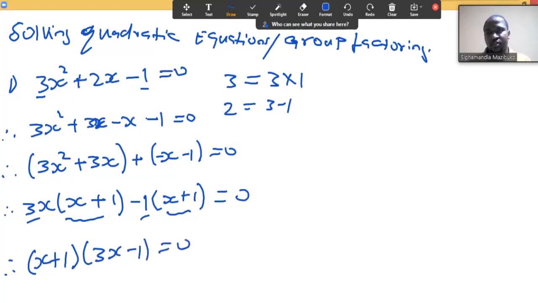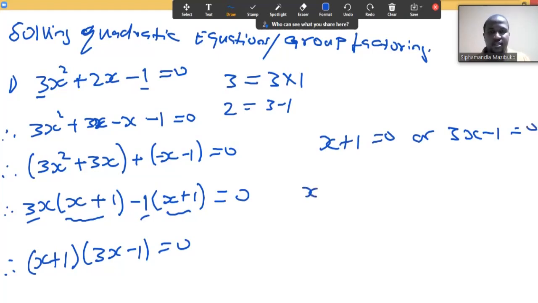From here we can easily see that we have x plus 1 equal to 0, or else we have 3x minus 1 equal to 0.